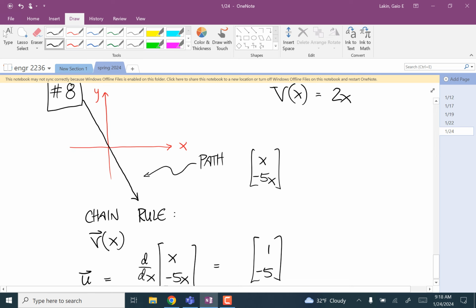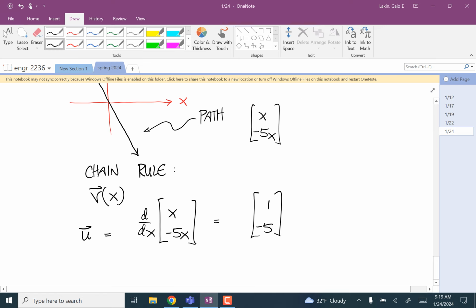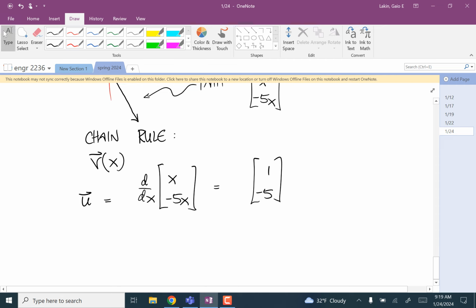And if you look at this simple path, it's pretty obvious that that's in the direction of motion. Now we need a unit vector in that direction. And so that is 1 over the square root of 26, negative 5 over the square root of 26.